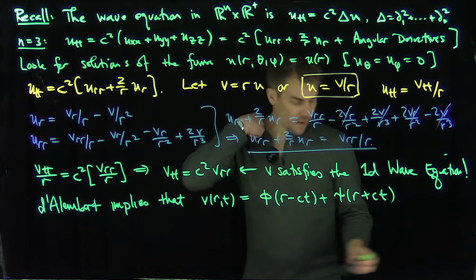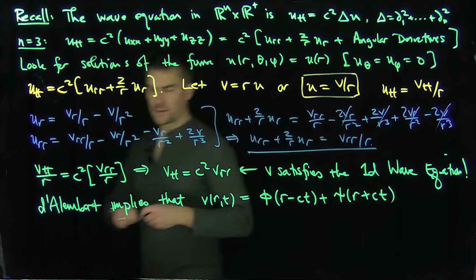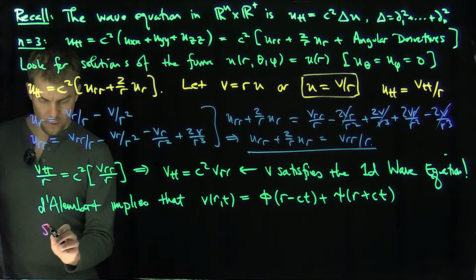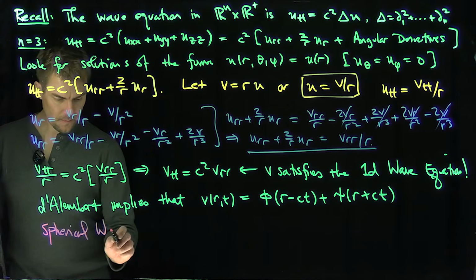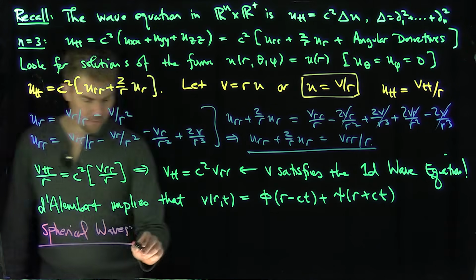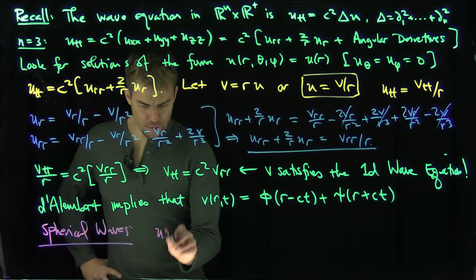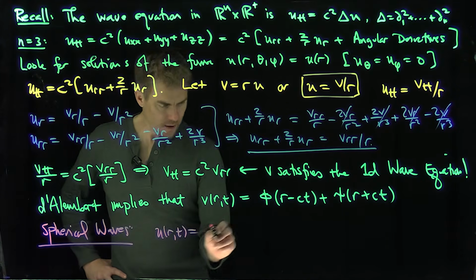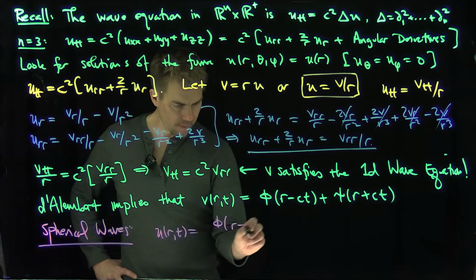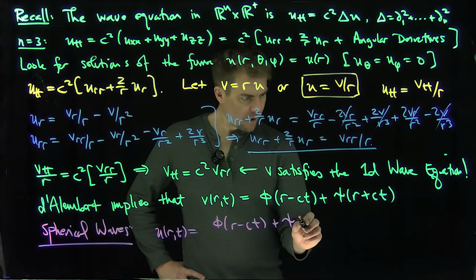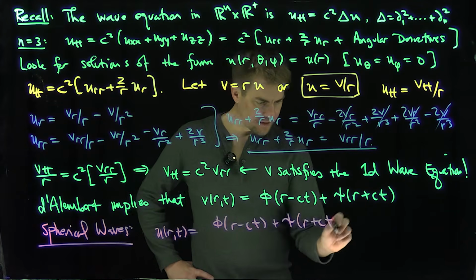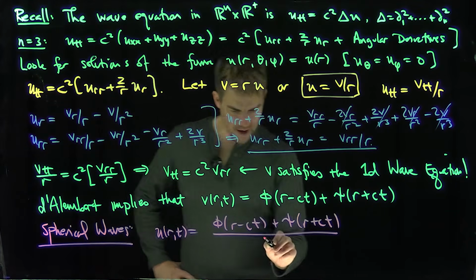So our spherical waves have the form u(r,t) equals phi of r minus ct plus psi of r plus ct, all divided by r.